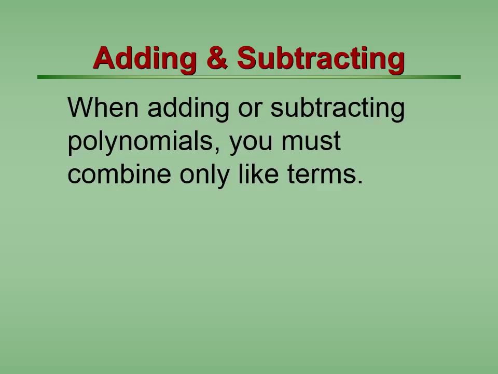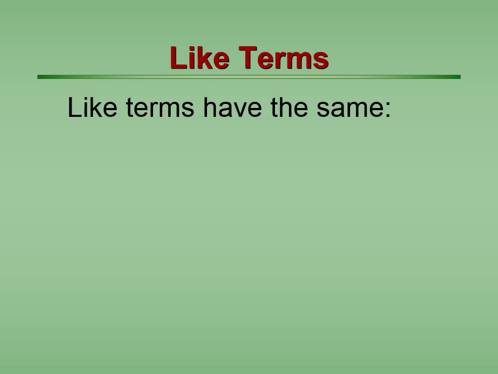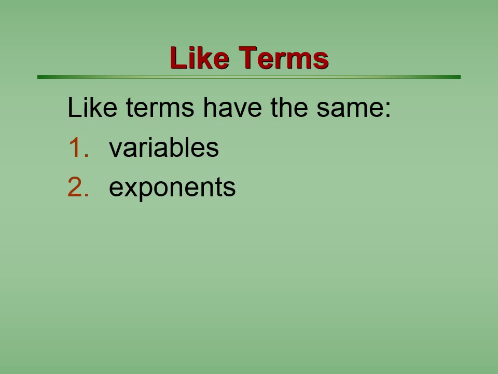And when you combine those like terms, you're not going to change the variables and not change the exponents. The only thing you're going to change is the coefficient, which is the number in front of the terms. And you're going to add those coefficients or subtract those coefficients. So again, like terms have the same variables and exponents.